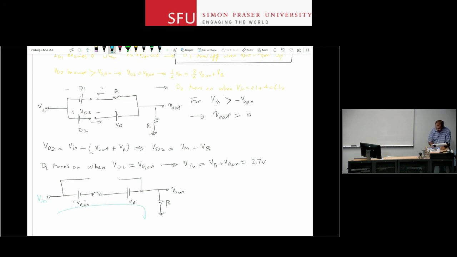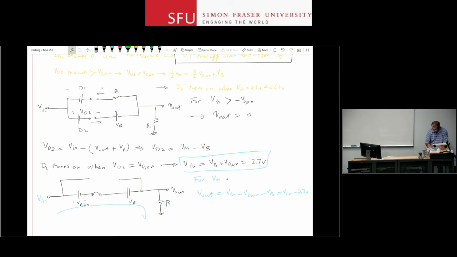And in here, I can show that V out simply is what? V in minus VD on minus VB, or V in minus 2.7 volts. Okay? So for voltages larger than this is our second breakpoint.